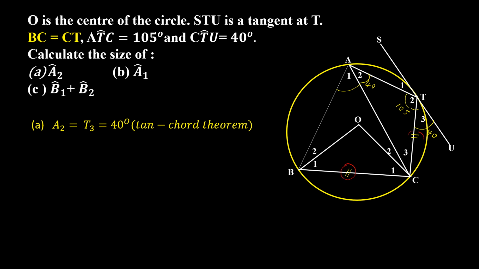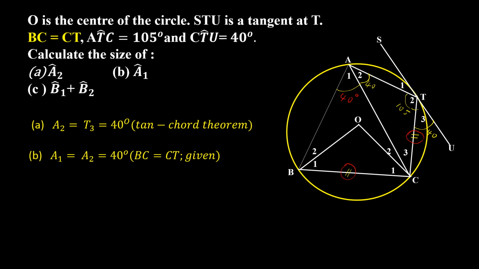They are equal, so the angles subtended by equal chords are equal. This chord is subtending 40 degrees, so BC also must subtend 40 degrees here. So angle A1 is 40 degrees. Reason: BC equals CT, already given in the question.